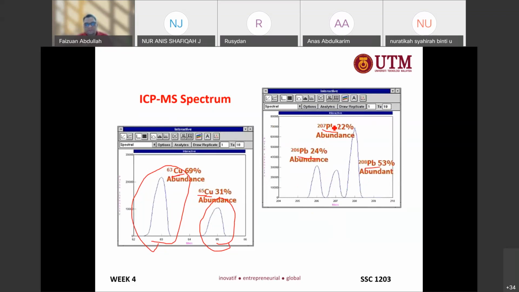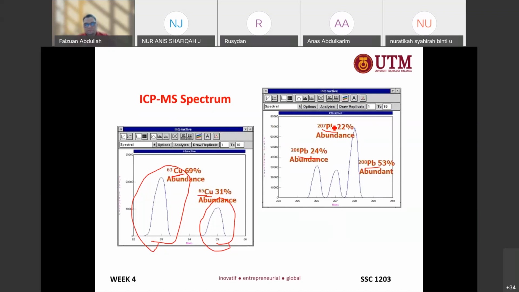Isotope. Remember what is isotope? Define the isotope for me. Same number of protons but different number of neutrons.